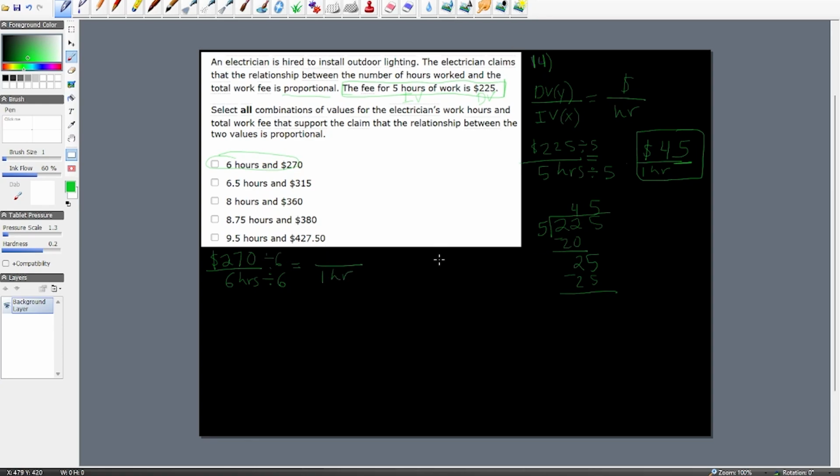We're going to go 270 divided by 6. 6 goes into 27 4 times. 4 times 6 is 24. 6 goes into 30 5 times. Okay, so that one does in fact have the same unit rate. So that amount is proportional.